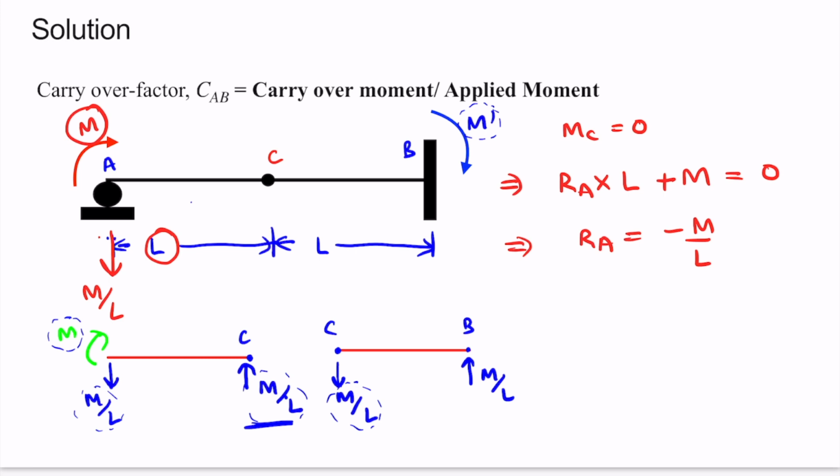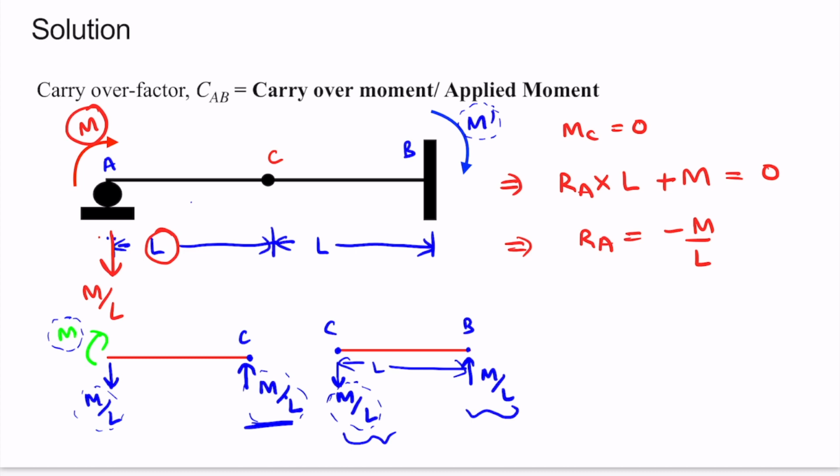Now the main thing, that is what is the moment here. These two M by L forms a couple and they are trying to rotate this part CB in anti-clockwise direction, and the moment is M by L multiplied by this length L. So the total moment with which they are trying to rotate this part is M by L multiplied by L, which comes out to be M.